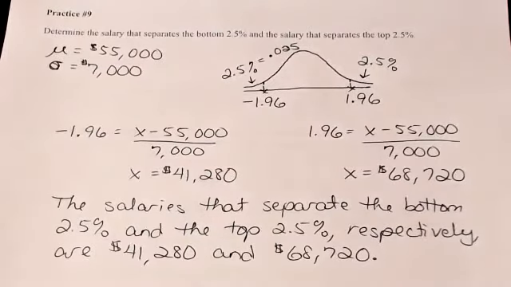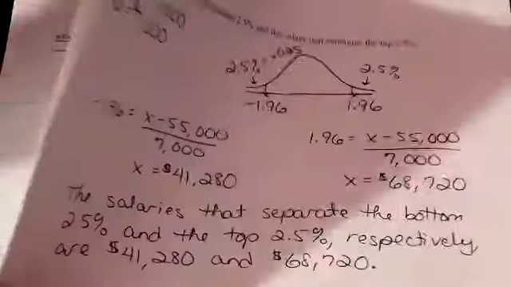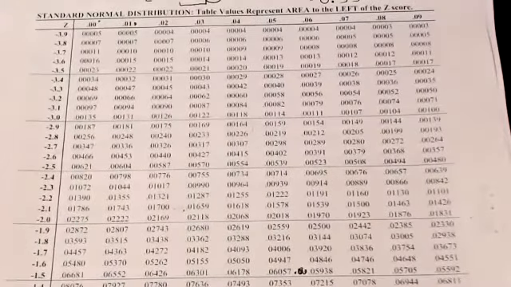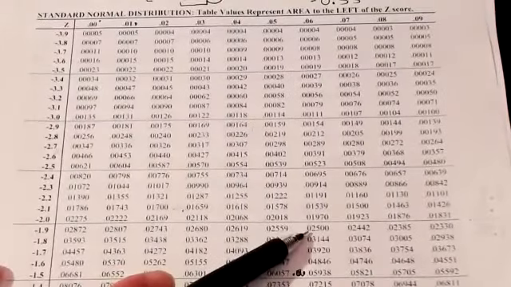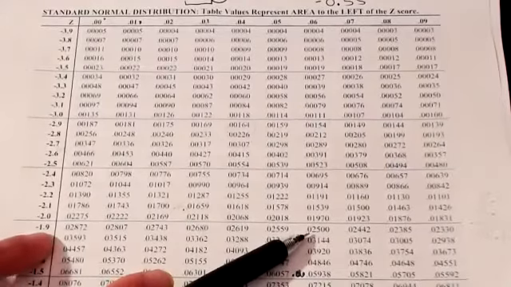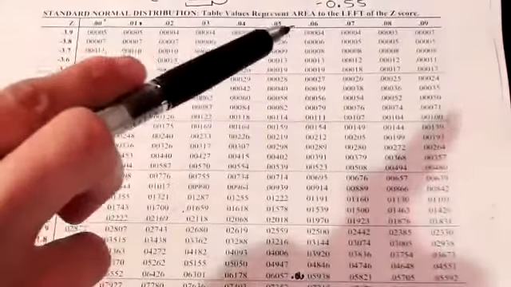When we went to the chart itself, the z-score table, we found the area inside the chart. So let me just show this to you really quickly. We were looking for 0.025 as our value. When we look for 0.025, notice that here's my area, and that pertains to a z-score of negative 1.96.